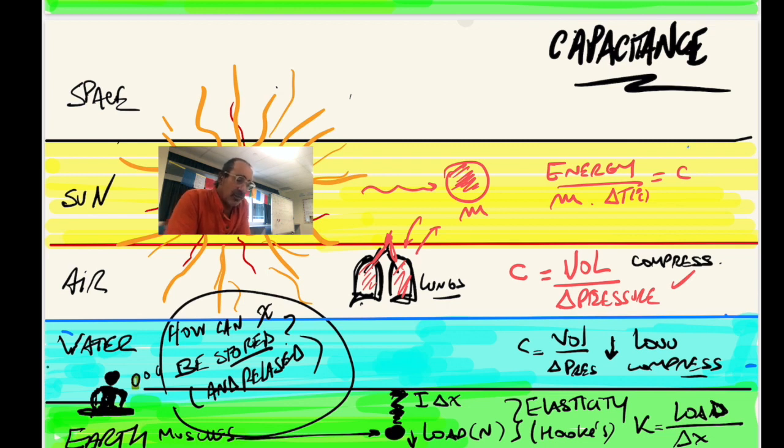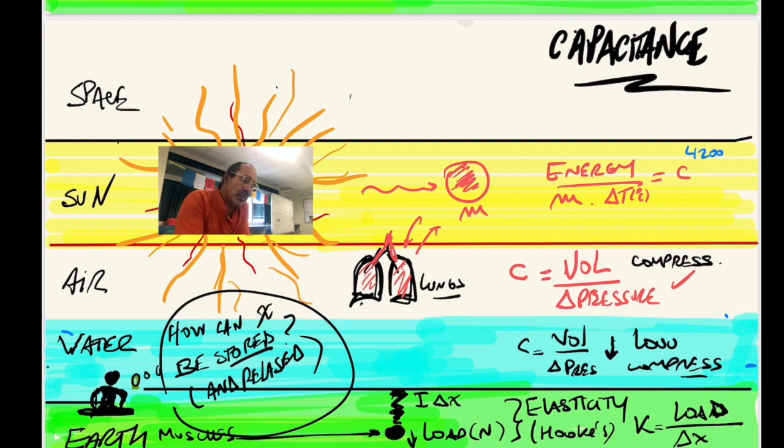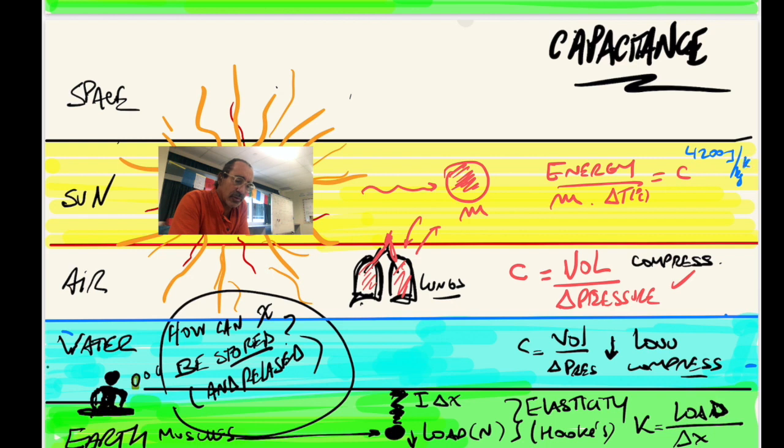So for instance, water has a capacitance of 4200 joules per kilogram Kelvin. And sand has a capacity of probably 100 joules per kilogram Kelvin. So that means that water needs a lot of energy, 4,200 joules, to increase the temperature by 1 degree, while the sand, with a little bit of energy, immediately increases the temperature by 1 degree.